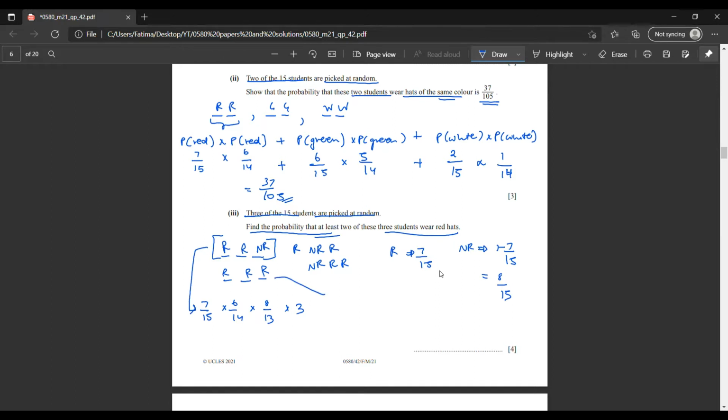And for this situation over here, it would be pretty straightforward, 7 by 15 into 6 by 14 into 5 by 13. We're reducing the number each time because these events occur consecutively, and taking out one student from the entire batch would reduce the amount overall. So now we'd have to sum all of this.